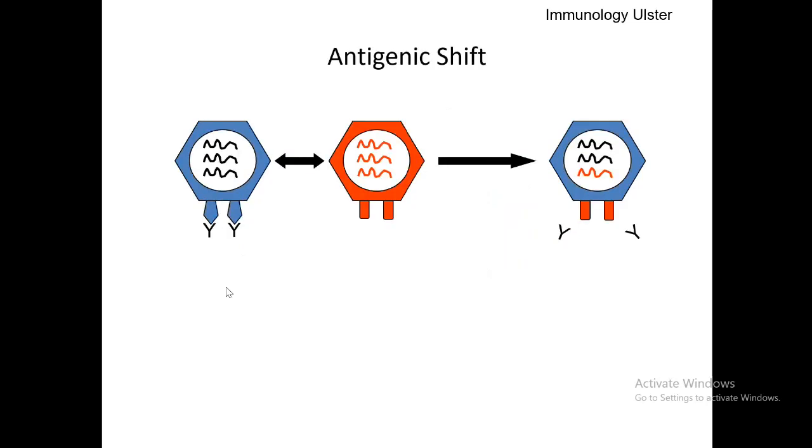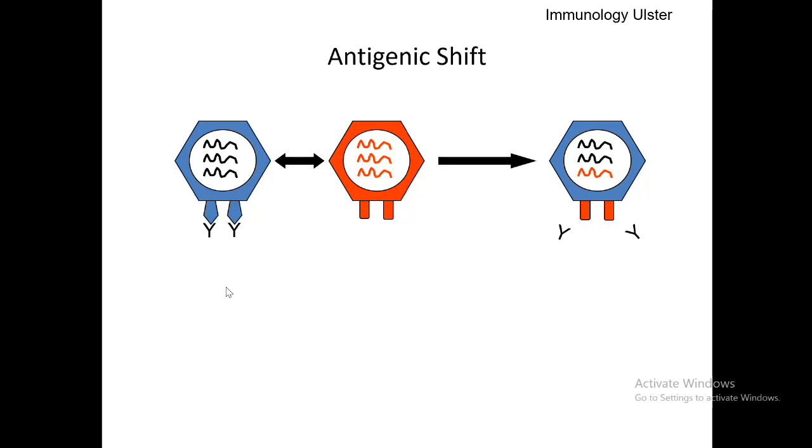Whereas antigenic shift is where you have two pathogens, and one might have antimicrobial resistance, for instance, and they transfer genes to one of the pathogens. What will happen in this situation is that the transferred genetic material will enable the pathogen to change the expression of the PAMP.